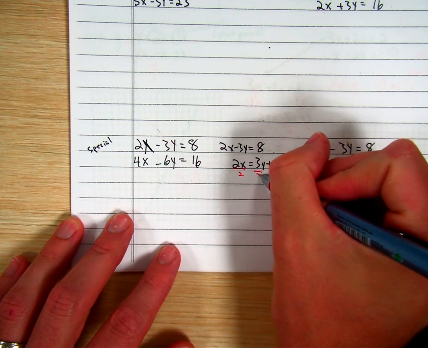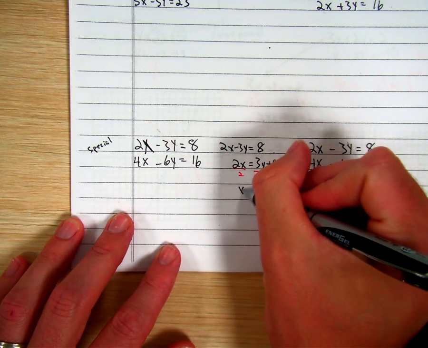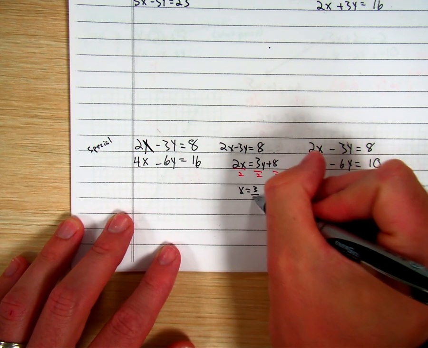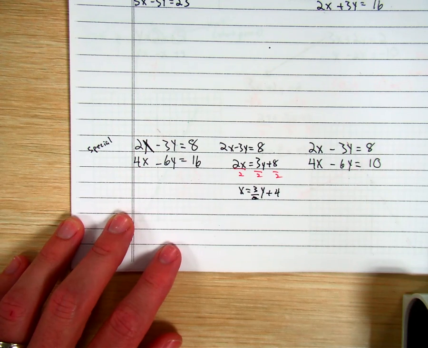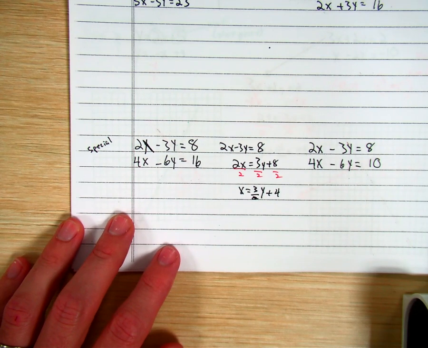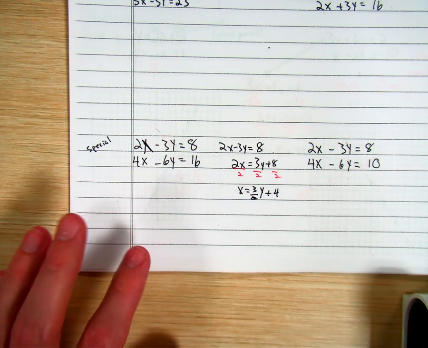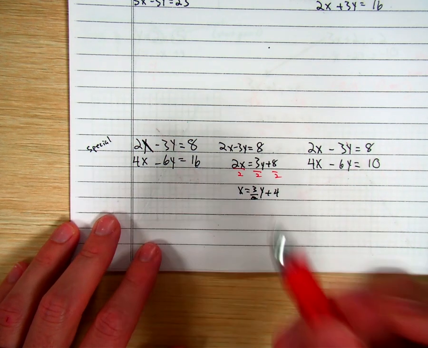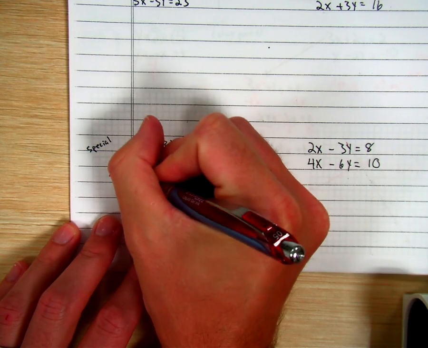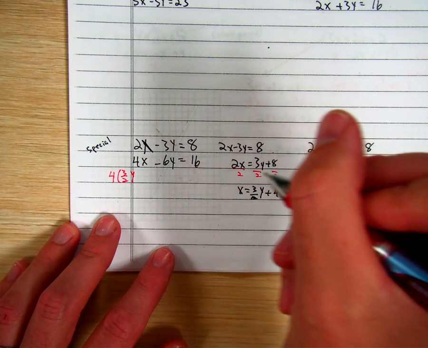Divide everything by 2. x equals 3/2 y plus 4. And now we're going to put that in over here. And you're going to see what happens.